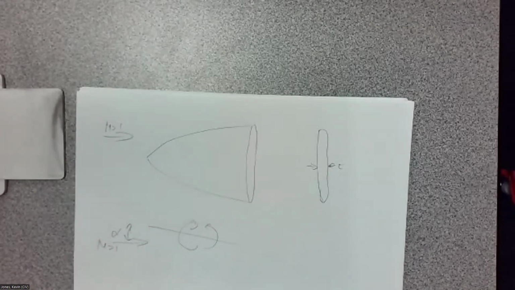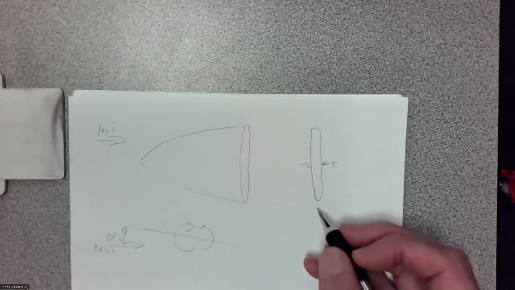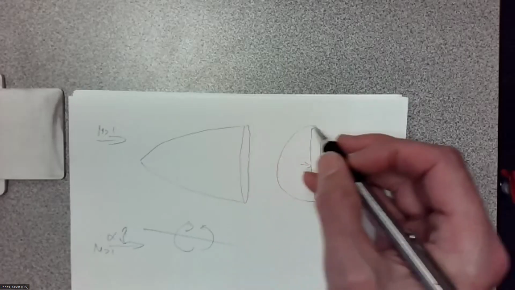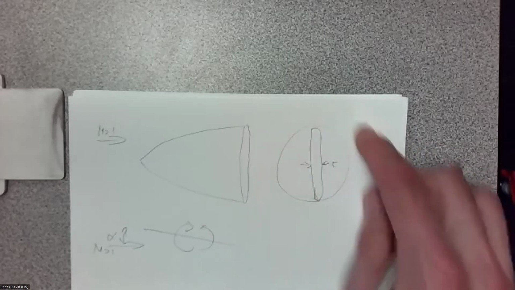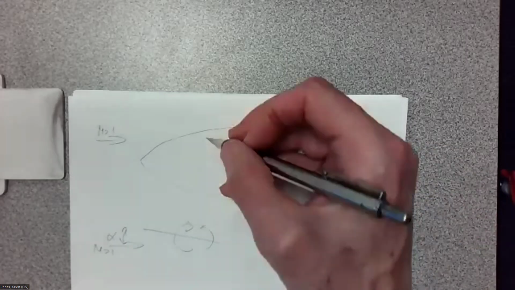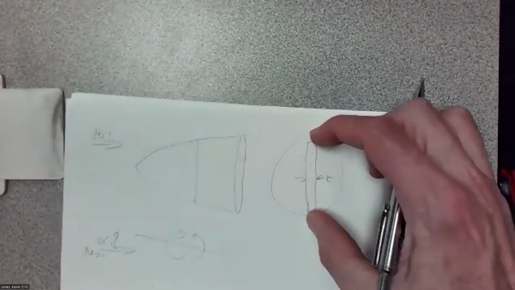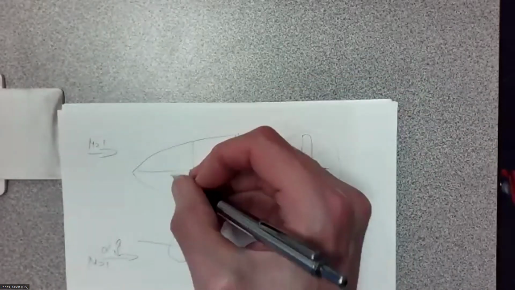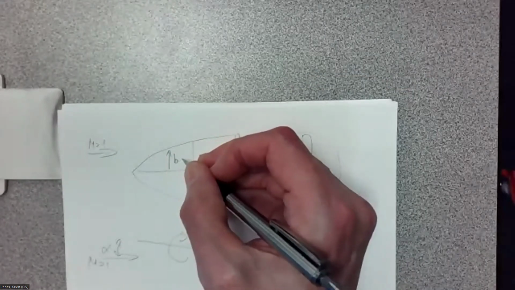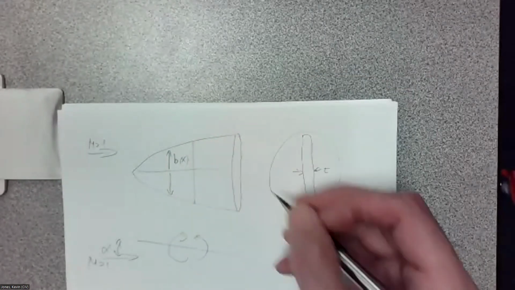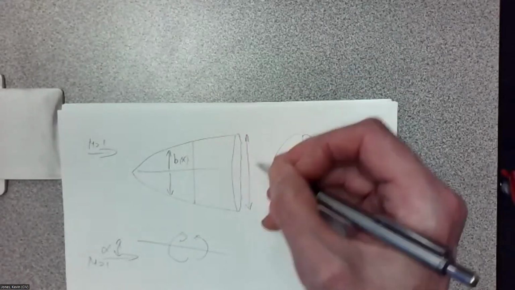And it turned out that was the displaced air from the body itself. For this, it's not. Turns out what works better is assuming the volume of air, basically a slice through here, that has whatever the local span is. So here's my local span, b of x, some big B back.